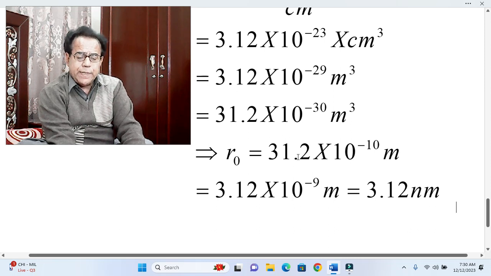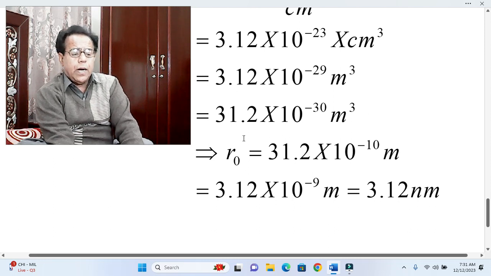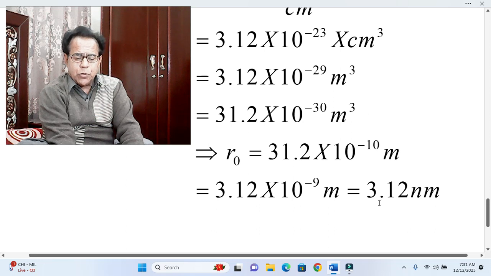For this purpose, we will have to shift the decimal one stage backward. So it will become 3.12 into 10 raised to the power minus 9 meter, and minus 9 is equal to nano, and hence our R naught has finally become equal to 3.12 nanometer.